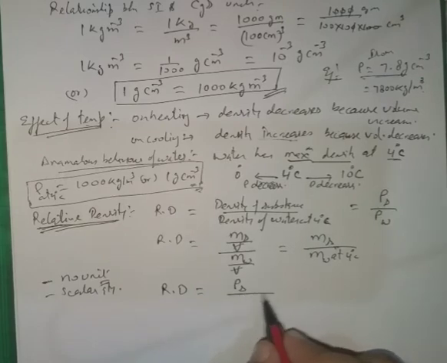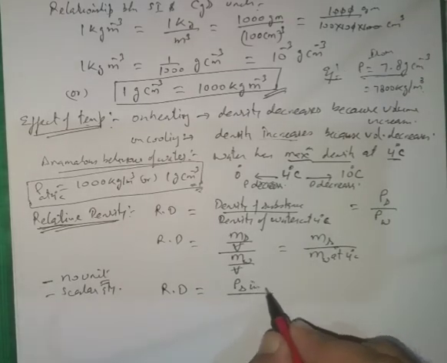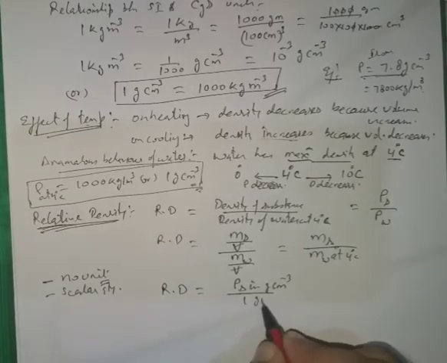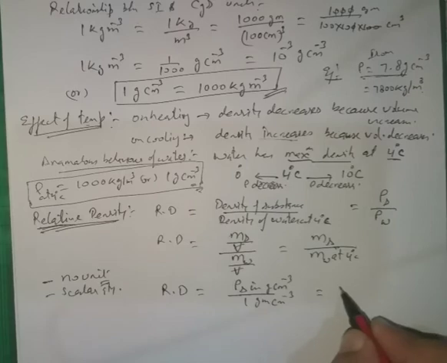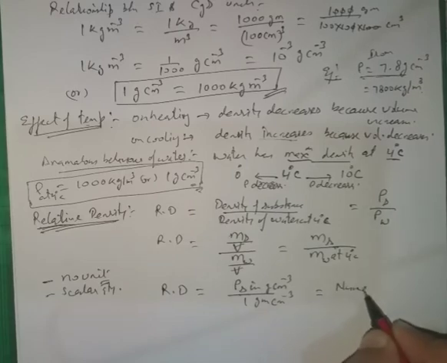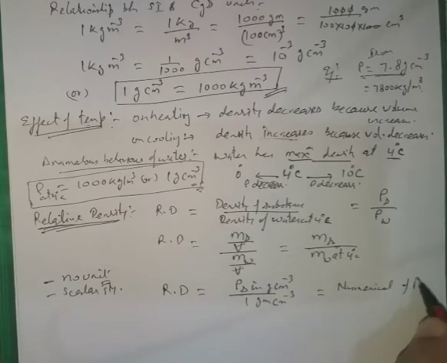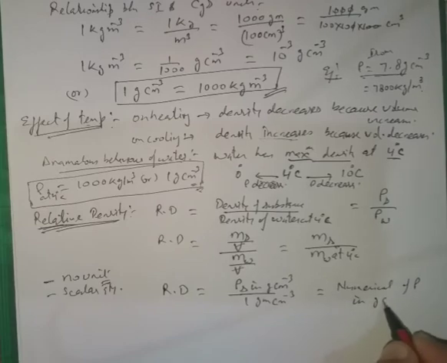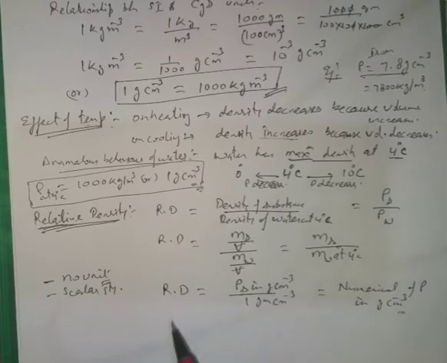So we will say the density of the substance in gram per centimeter cube over 1 gram per centimeter cube, which will be equal to the numerical value of density in gram per centimeter cube. So relative density is equal to density in gram per centimeter cube.